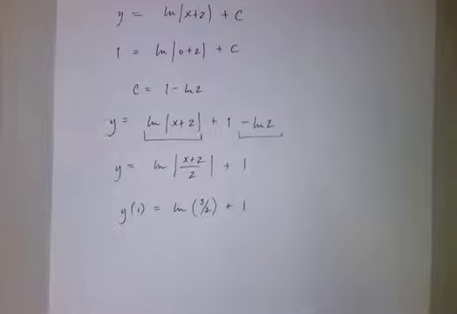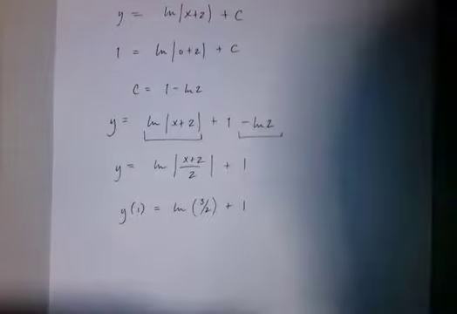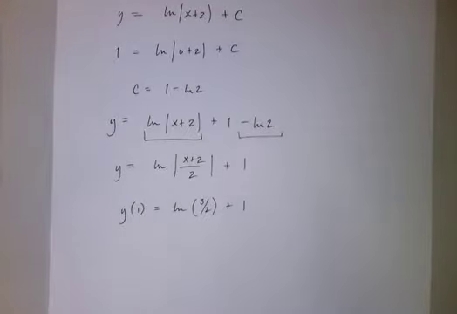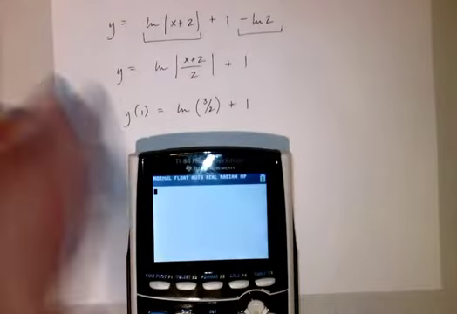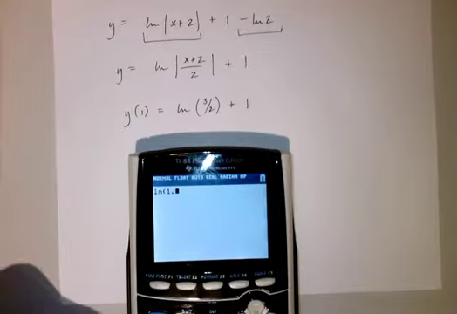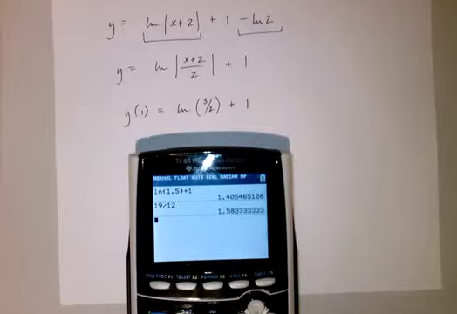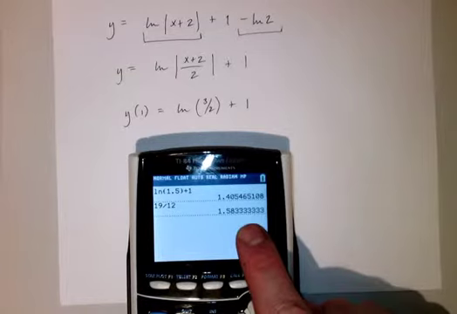Now, if I get out my calculator, we have the natural log of 1.5 plus 1, and that was approximated as 19/12. That's not that bad. Now, does it make sense that this is higher?